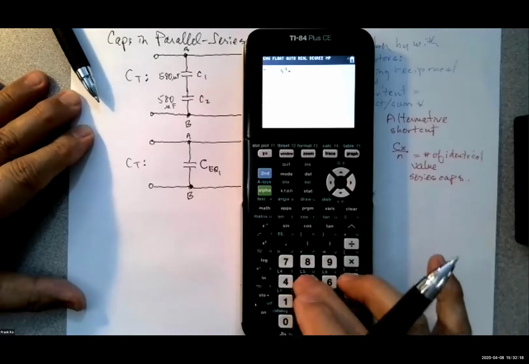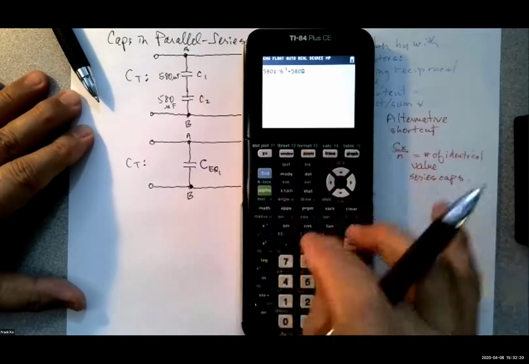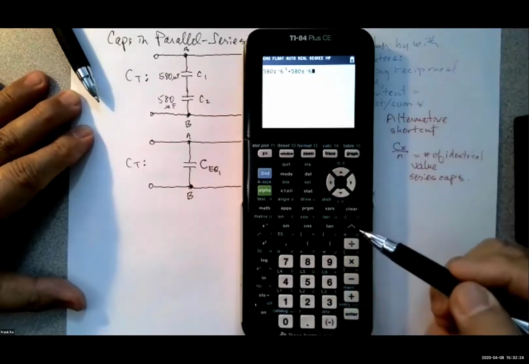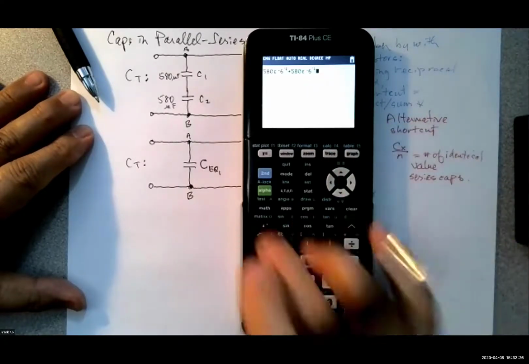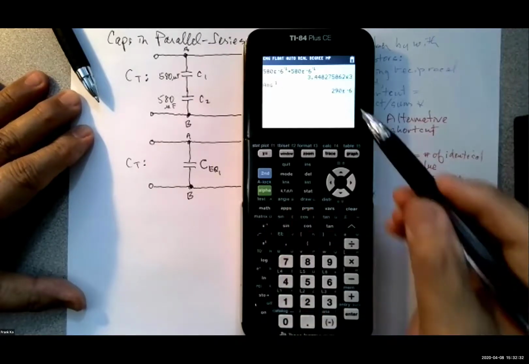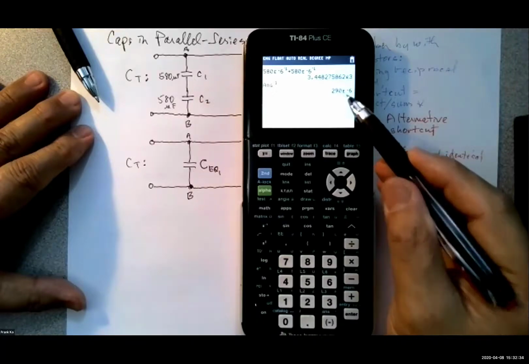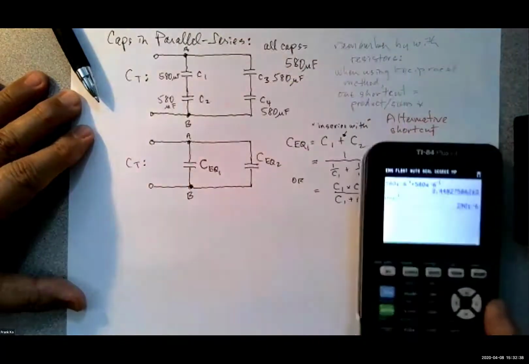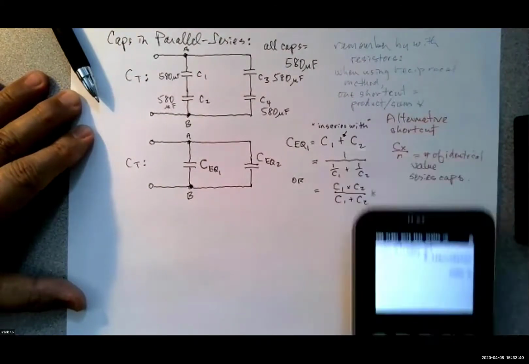I hit plus 580, second exponent, -6. That's my second 580 microfarad capacitor. Hit reciprocal, hit equals, hit reciprocal, and hit equals. Guess what? Don't I end up with 290 microfarads? And isn't that what we determined would be the result of the shortcut method?